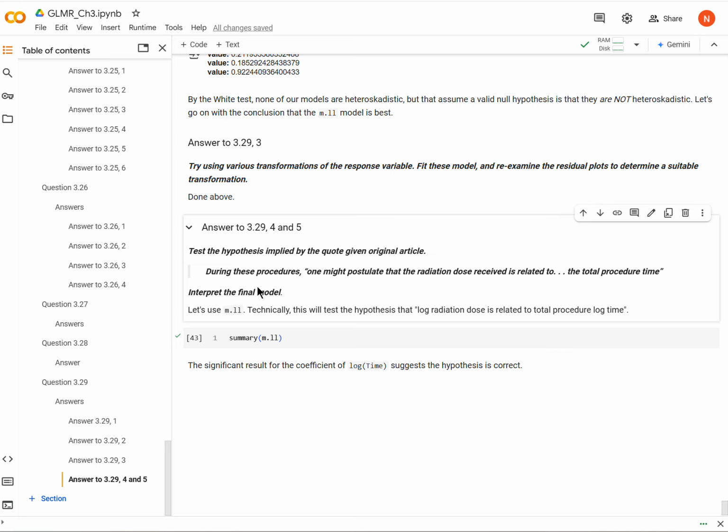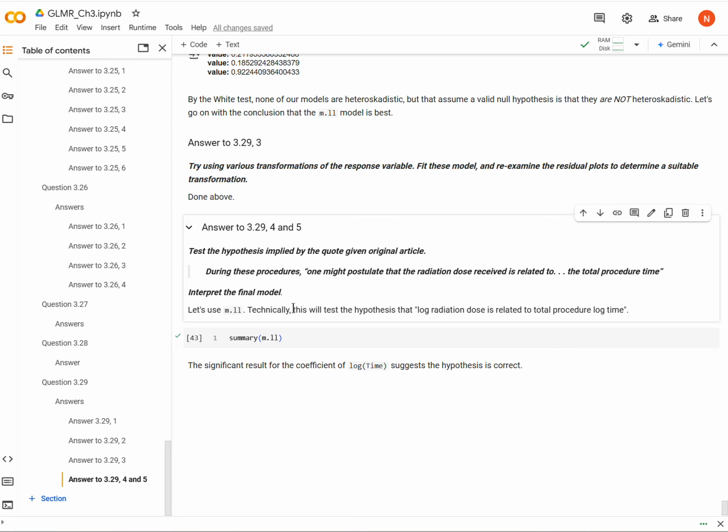And as far as interpreting the model, let me first reinterpret the hypothesis. The reinterpretation of the hypothesis with the log-log model is that log radiation dose is related to log total procedure time.